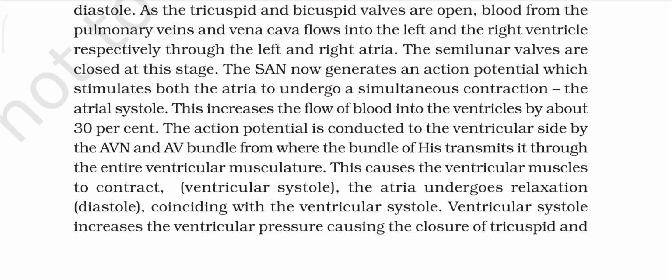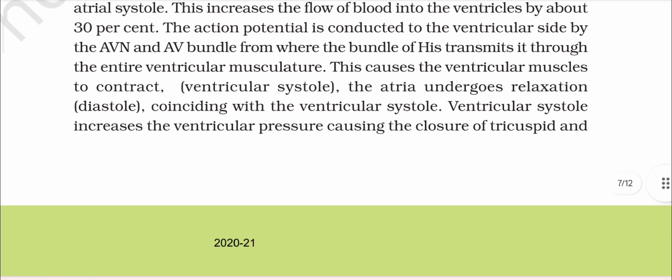The action potential is conducted to the ventricular side by the AVN and AV bundles, from where the bundle of His transmits it through the entire ventricular musculature. This causes the ventricular muscles to contract. The atria undergo relaxation coinciding with the ventricular systole.